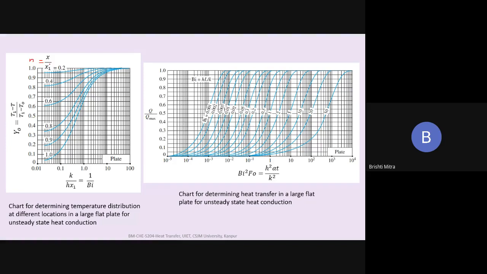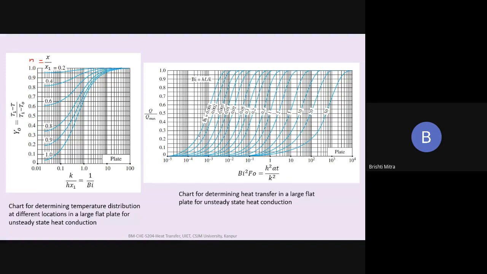N is equal to x by x1, so this range can go from 0 to 1. 0 would mean the center, 1 would mean the surface. So that's where we can go to these different lines. And knowing this 1 by Biot number, and the point at which you want to find the temperature, go to the left hand side, and you will be able to calculate your temperature.